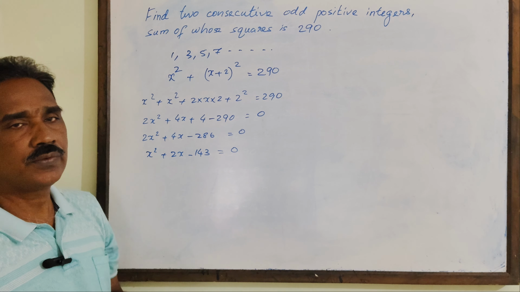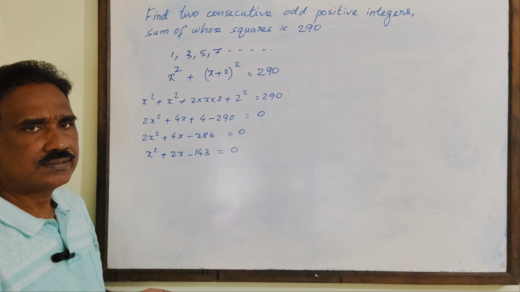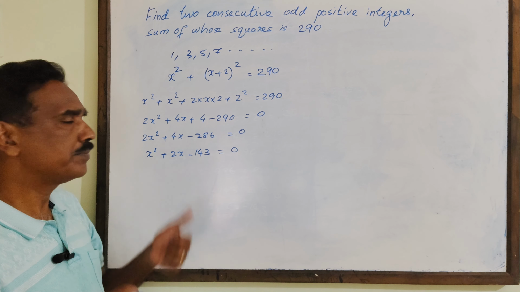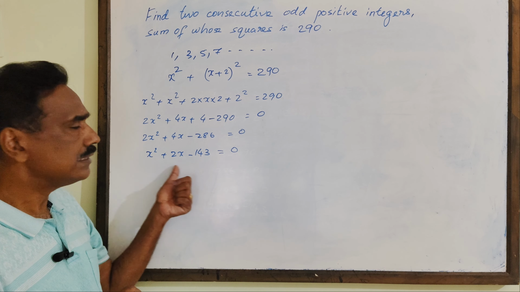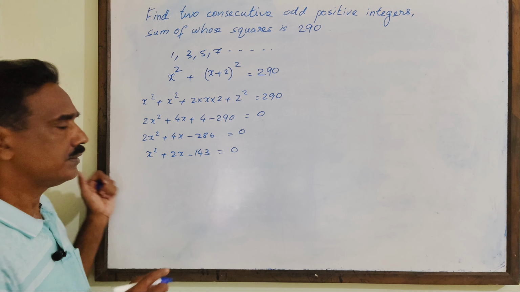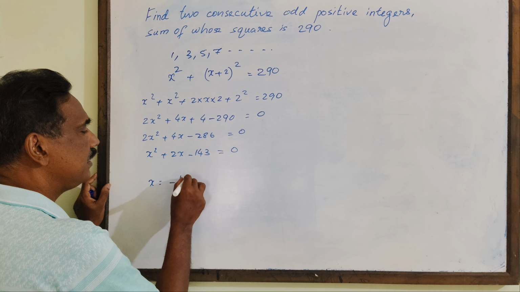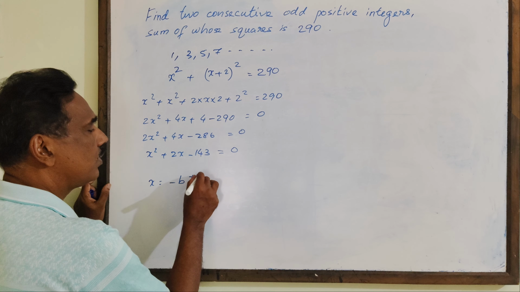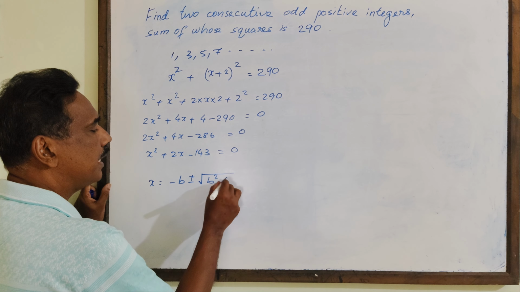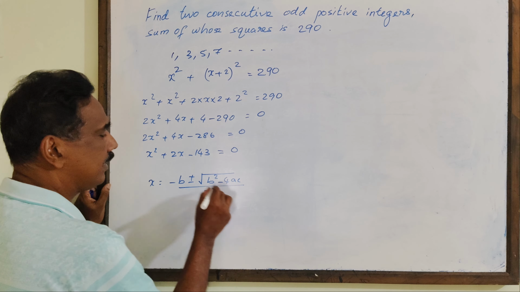Now this is a quadratic equation. You can solve it by different methods which I earlier discussed in the previous videos. Here you go for the quadratic formula. What is the quadratic formula? x is equal to minus b plus or minus square root of b square minus 4ac, whole divided by 2a.